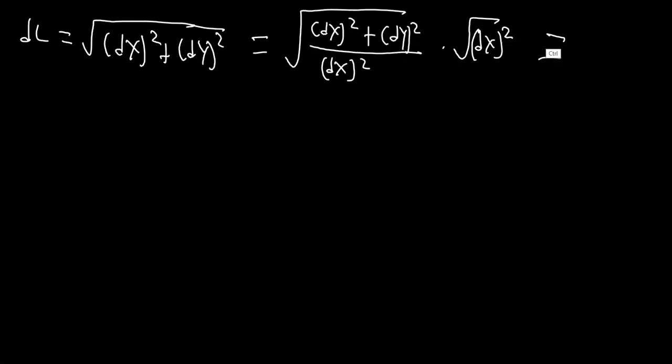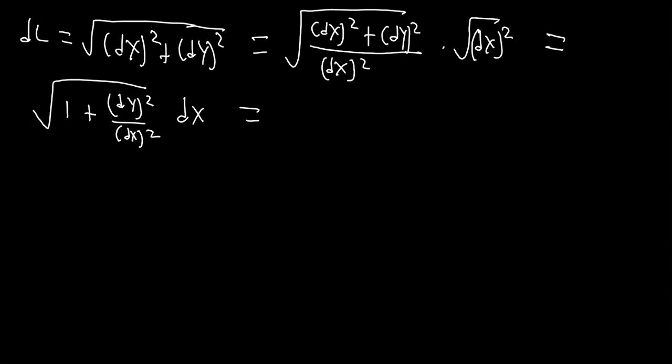So this right here would be equal to the square root of 1, because the dx squareds cancel out, plus dy squared over dx squared, times, well, the square root of dx squared is just going to be dx. And now this can be written as the square root of 1 plus dy over dx, all squared, times dx.